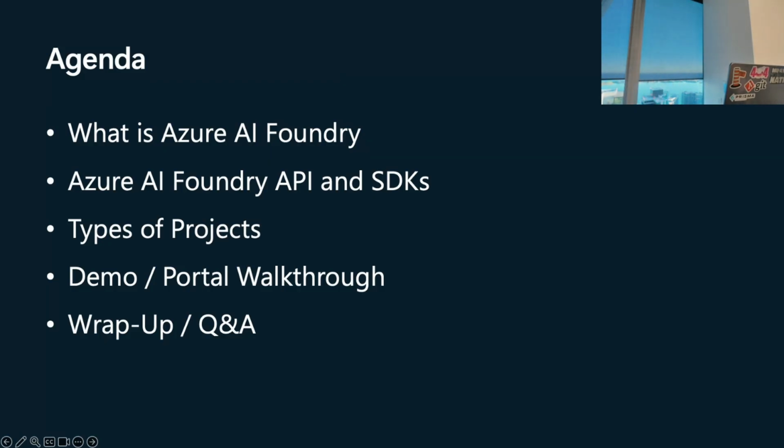My style is to do hands-on, even though it's not very technical or code heavy. I always try to show by doing it. So I'm gonna take you guys through the Azure portal, spin up an Azure AI Foundry, and show all the cool features over there. Then we're gonna wrap the session up with some Q&A if you guys have any questions.